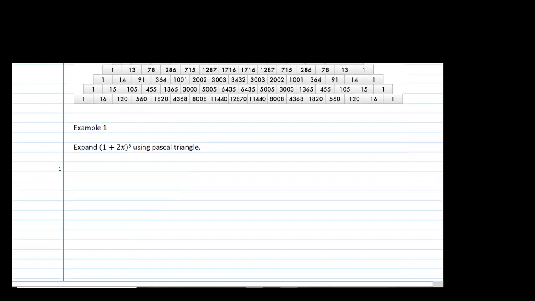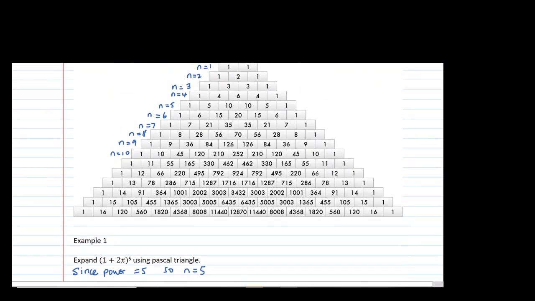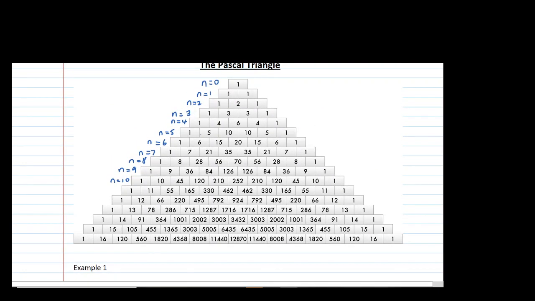In this example, since the power equals 5, n equals 5. So we check the triangle where n equals 5, and you should have 1, 5, 10, 10, 5, 1.